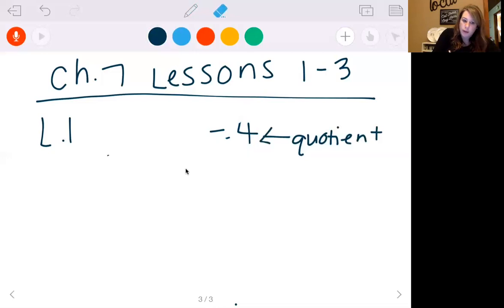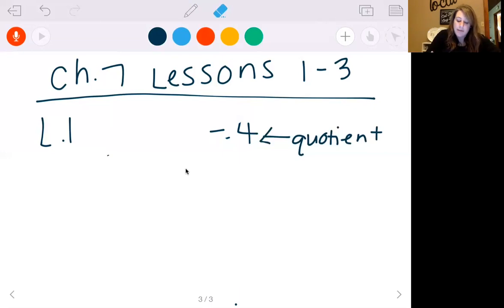They give you 24 divided by 6, and we said that equals 4. We said that 24 was our dividend, 6 is our divisor, and 4 is our quotient. If we wanted to figure out what the 4 was, if we didn't already know what the 4 was, we can use multiplication. So when you're looking at a fact like this, we can say something times 6 equals 24.